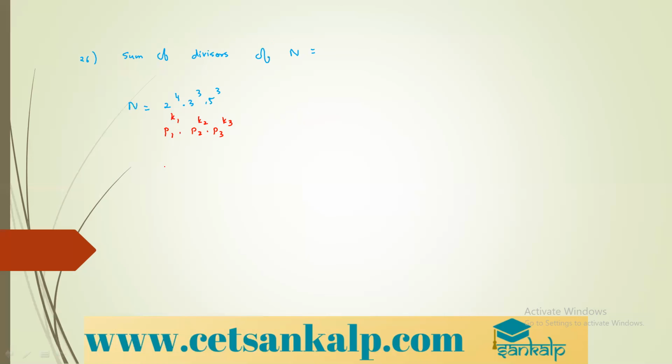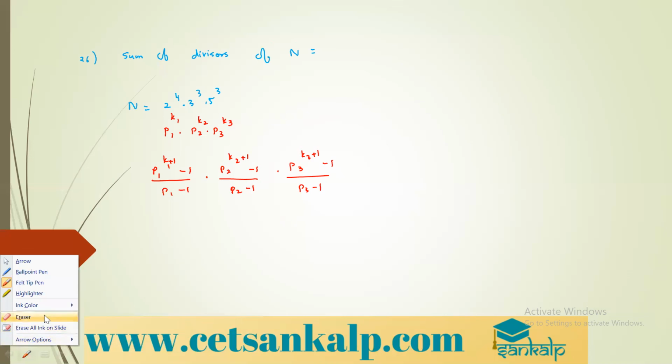If you want the sum, what is the formula I gave you? Do you remember? (P1 power K1 plus 1 minus 1) by (P1 minus 1) into (P2 power K2 plus 1 minus 1) by (P2 minus 1) into (P3 power K3 plus 1 minus 1) by (P3 minus 1). Even when I mix up all these sums, you must be able to remember the formula.